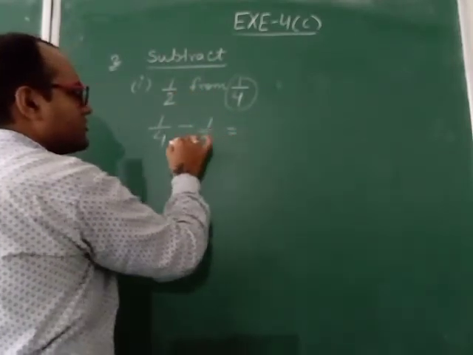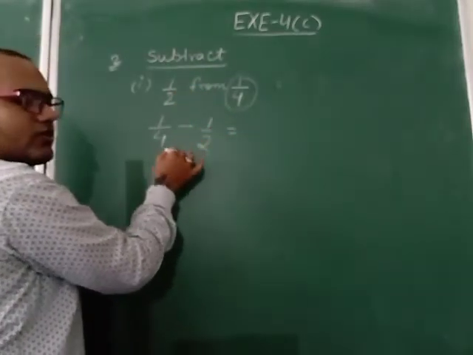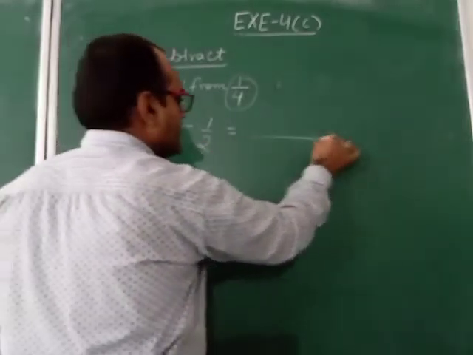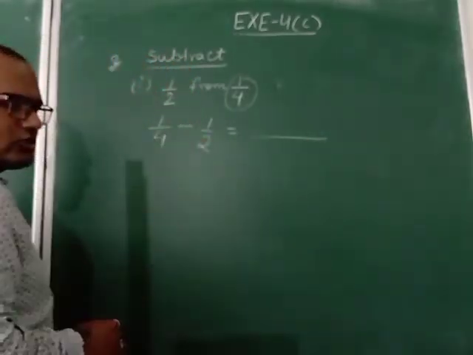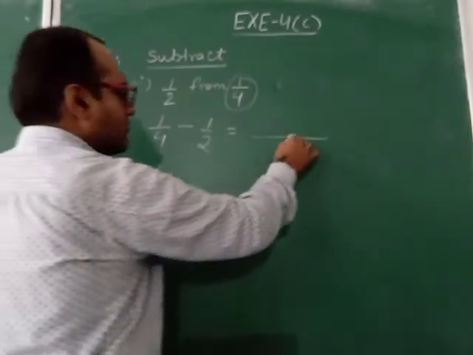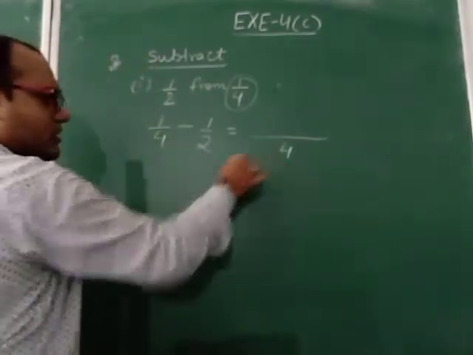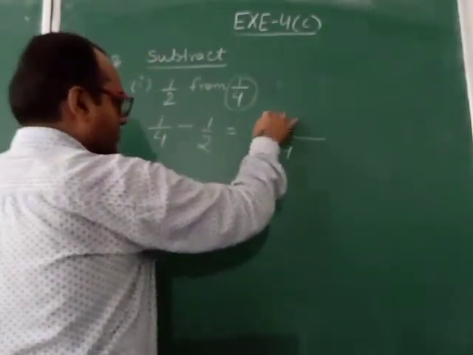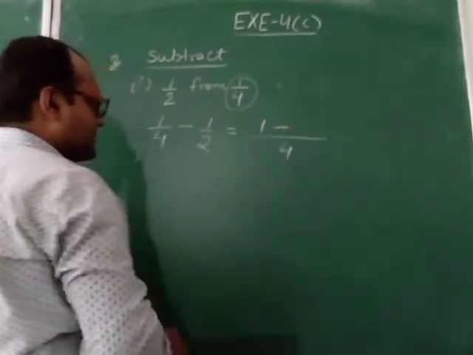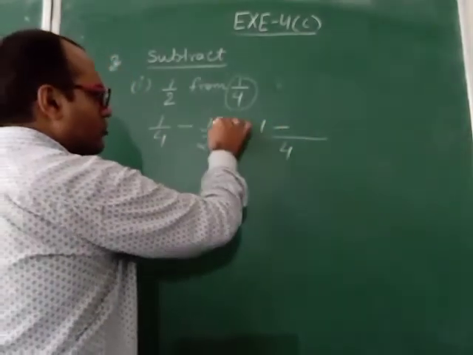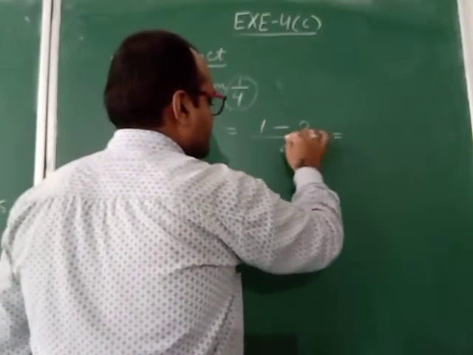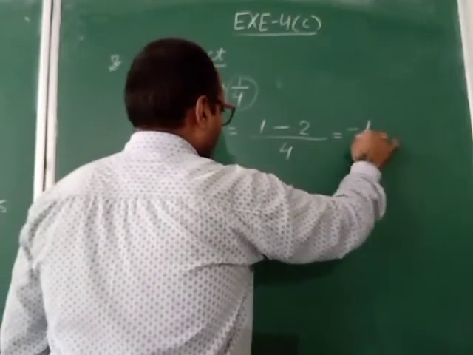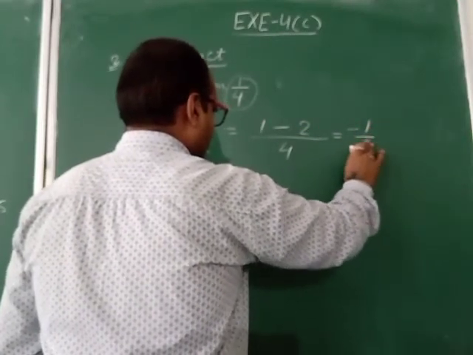Now on subtracting these two, first of all we have to take the LCM in order to subtract these two numbers. The LCM of 4 and 2 is 4. 4 ones are 4, so 1 into 1 is 1, minus 2 twos are 4, 2 into 1 is 2. On subtracting these two numbers, we get minus 1 upon 4.